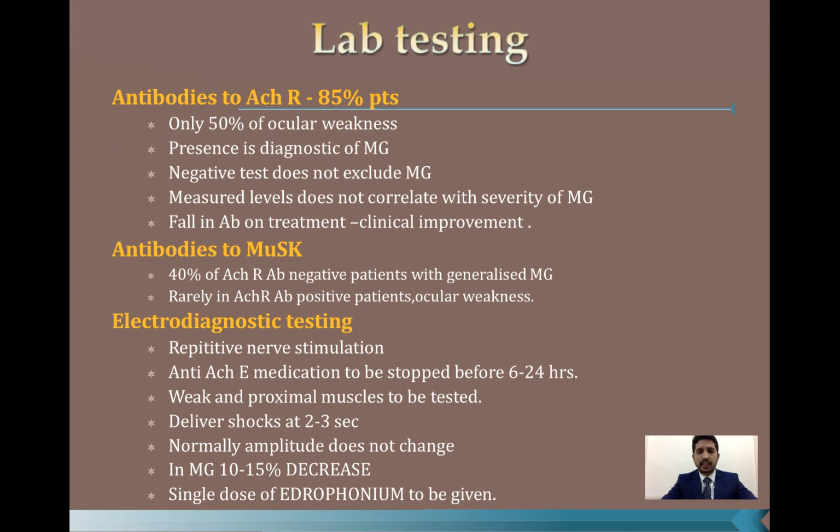Another very interesting test is nerve conduction study or EMG. The principle of this testing is the same. We stimulate a nerve repetitively and then we check for the response of the muscles. With repetitive use, the muscle starts to fatigue and the muscle response diminishes with time. This is called decremental response.